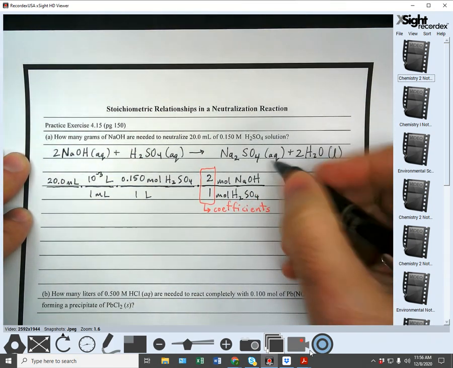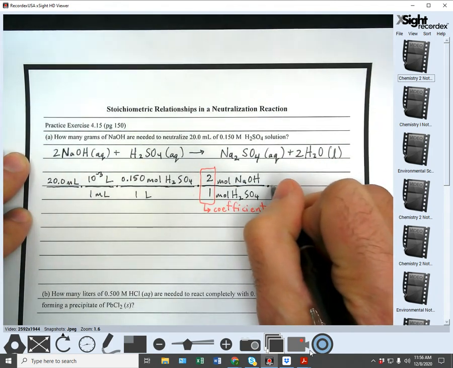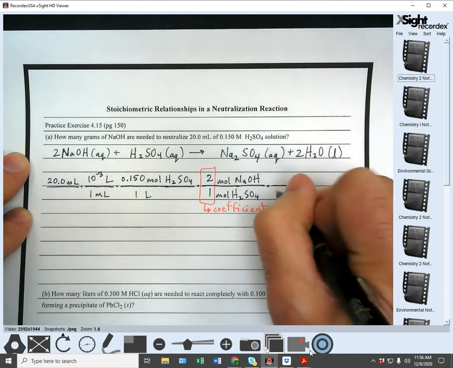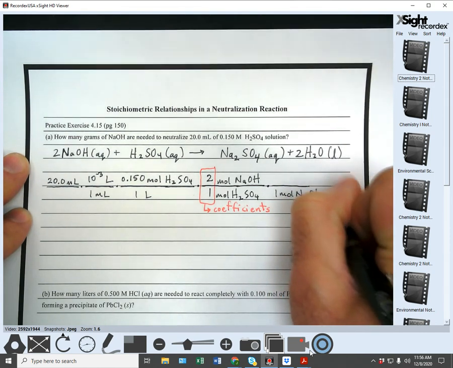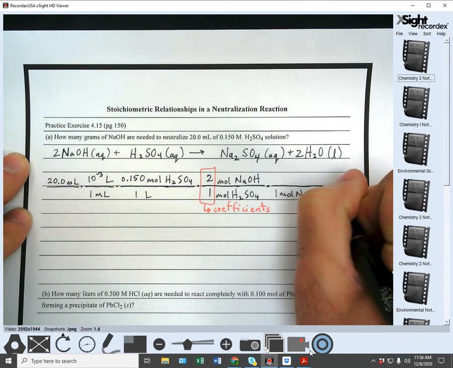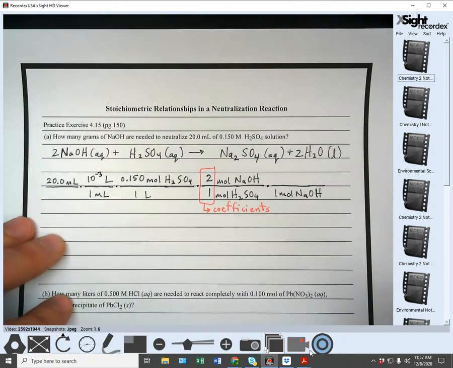Then now that I'm in moles of NaOH, I can go to grams of NaOH. And grams of NaOH is 40.